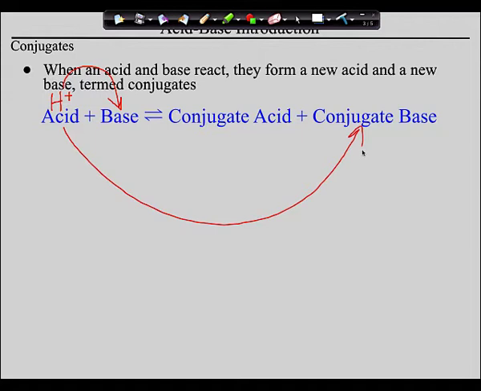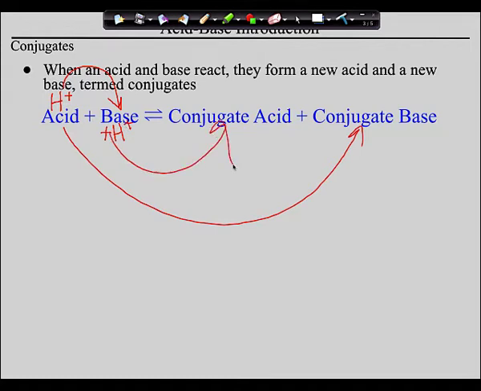Now guys, what about the initial base? Well, what happened to this base? Well, this base now has an additional proton. And guys, because the base now has an additional proton that it didn't have before, the base is now proton rich. And now that it's proton rich, what do you suppose it wants to do? Give away the proton, making it what?